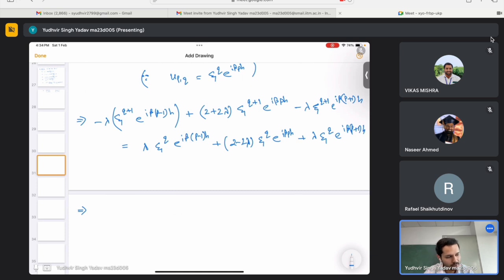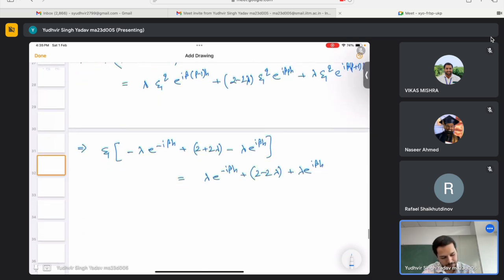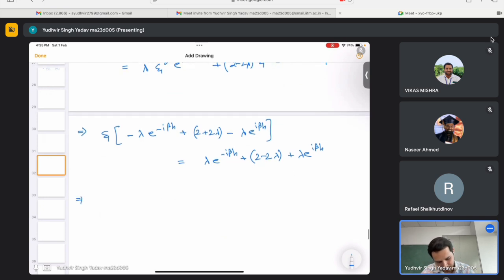Then we will get ξ times [−λ e^(−iβh) + 2 + 2λ − λ e^(iβh)], and on the right-hand side, λ e^(−iβh) + 2 − 2λ + λ e^(iβh).